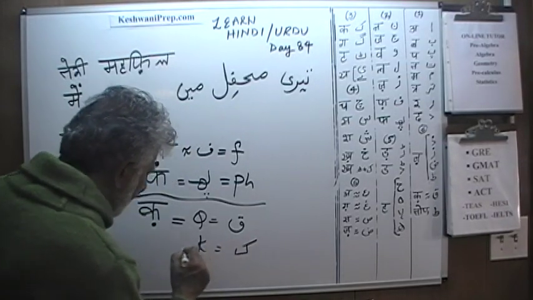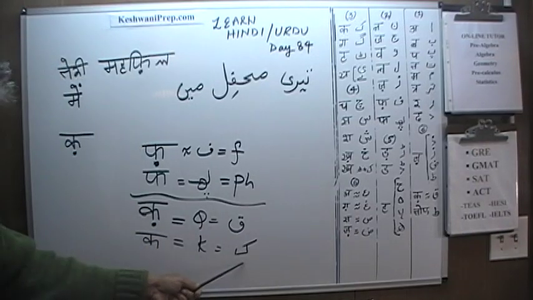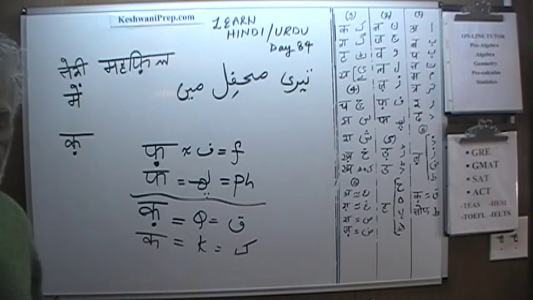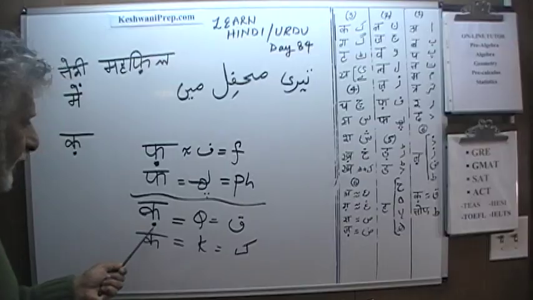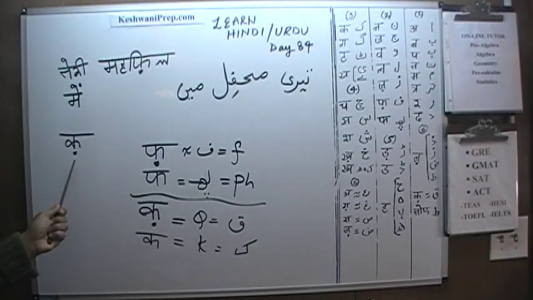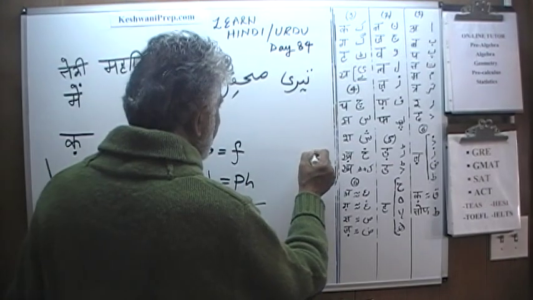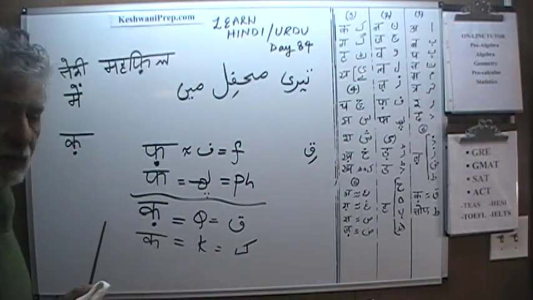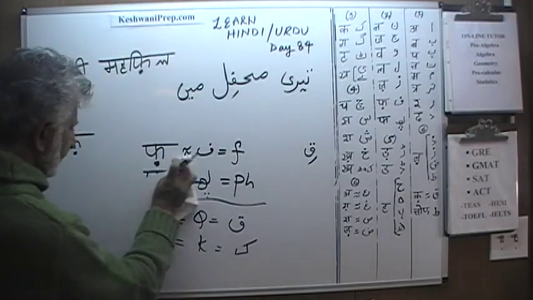K is kaf, and that is the exact equivalent. This letter is the exact equivalent of that. This is just an approximation we do. Not so much an approximation, but rather an improvisation. We improvise by putting a dot underneath it. Here we need ka. We need a kaf. Not only do we need a kaf, but if we have a zer underneath it, we need a choti ki matra. And then this is all this.